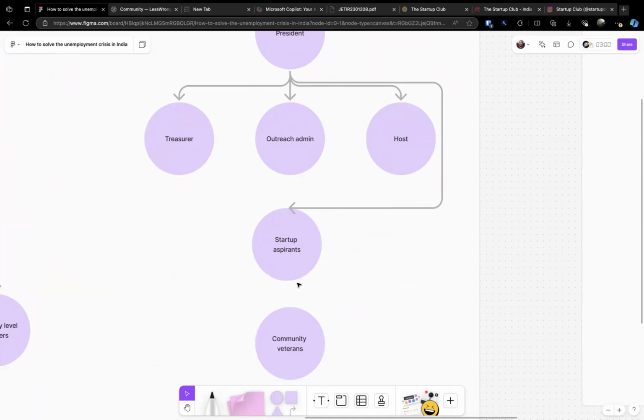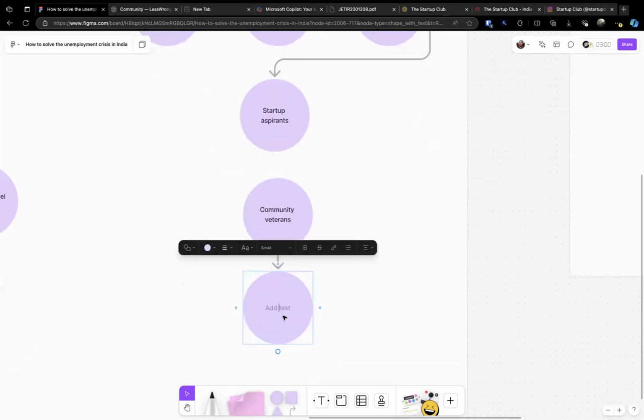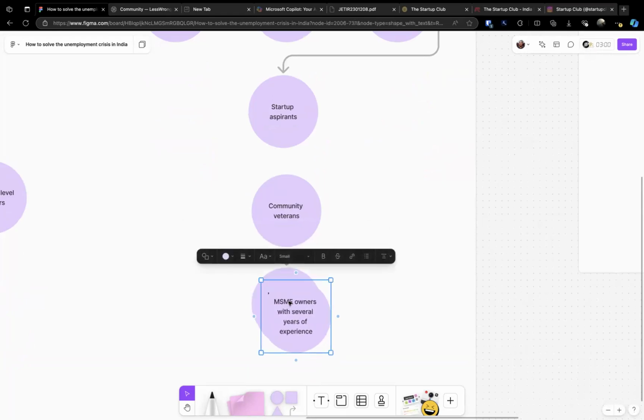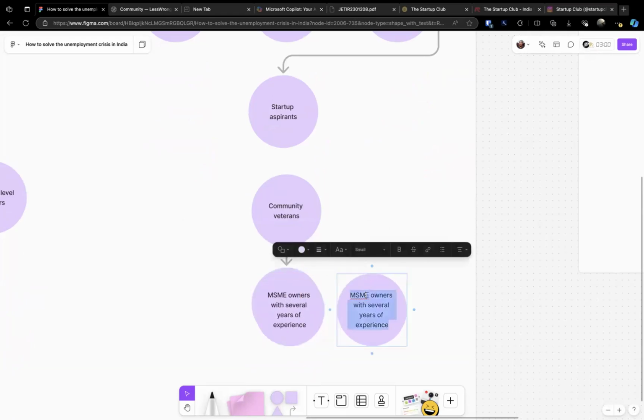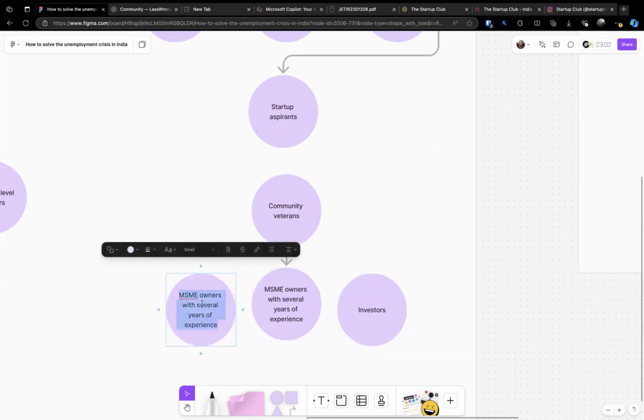One of the things I was thinking of facilitating using these hubs is that these hubs would bring in community veterans, for example, MSME owners with several years of experience. You could have people who are investors, people who are institutional members.